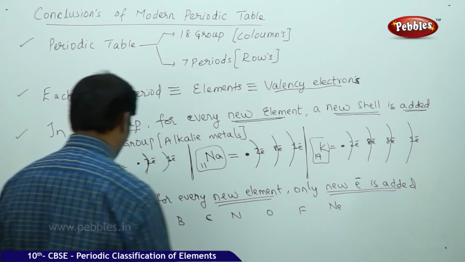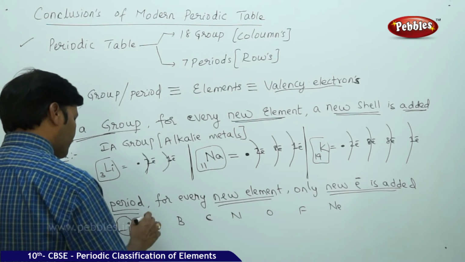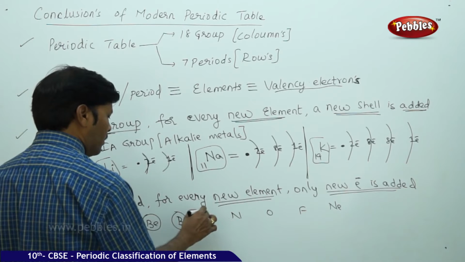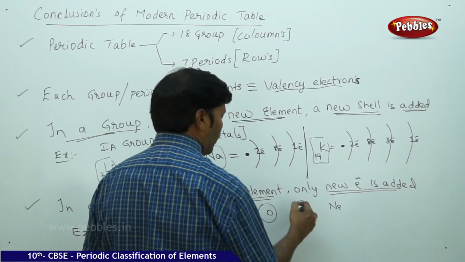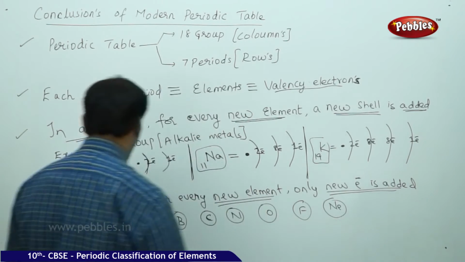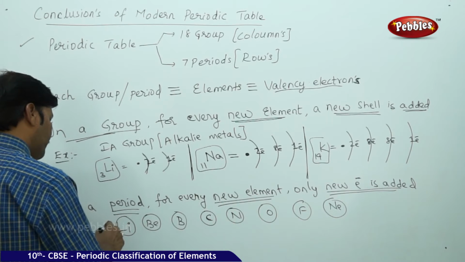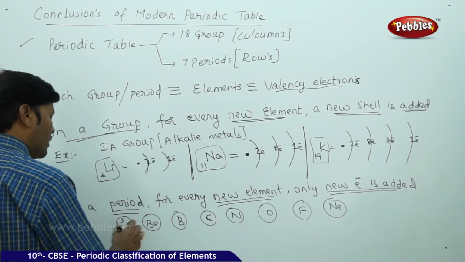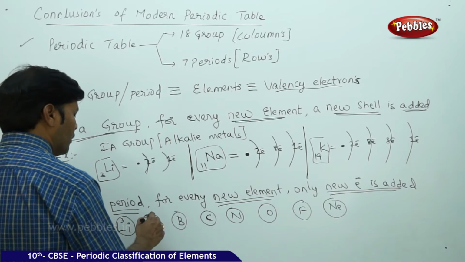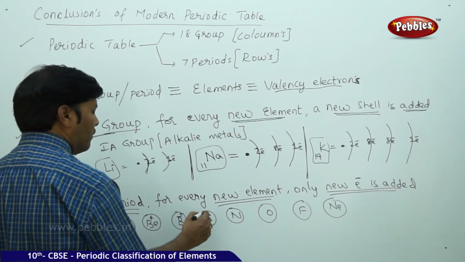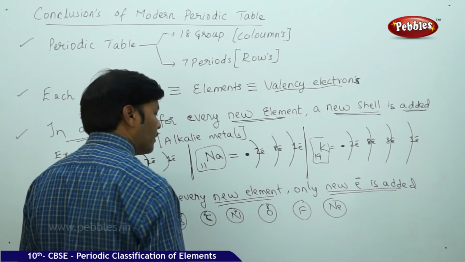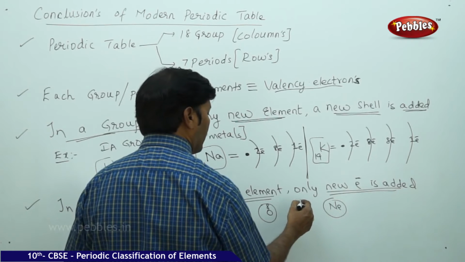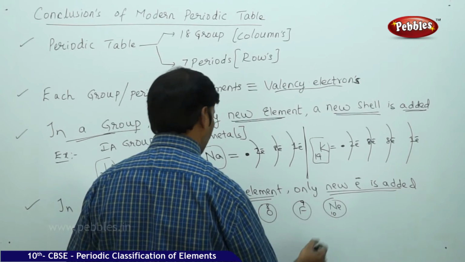Lithium atomic number is 3, beryllium 4, boron 5, carbon 6, nitrogen 7, oxygen 8, fluorine 9, and neon 10.